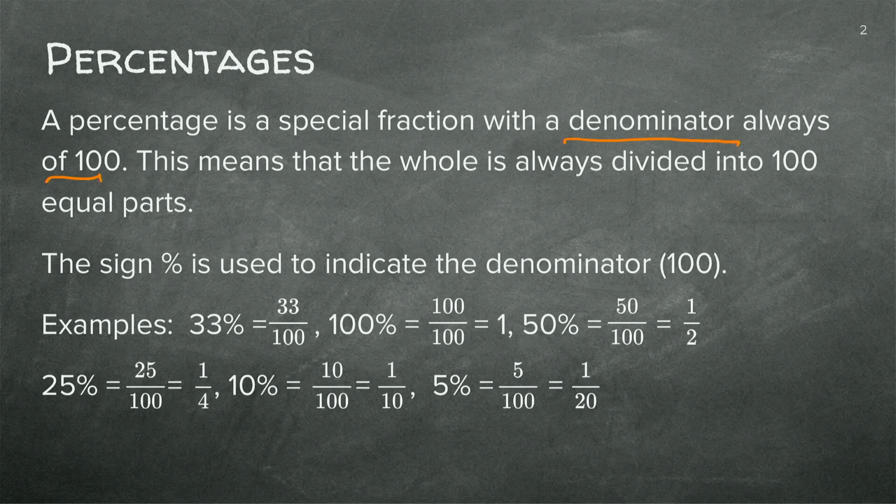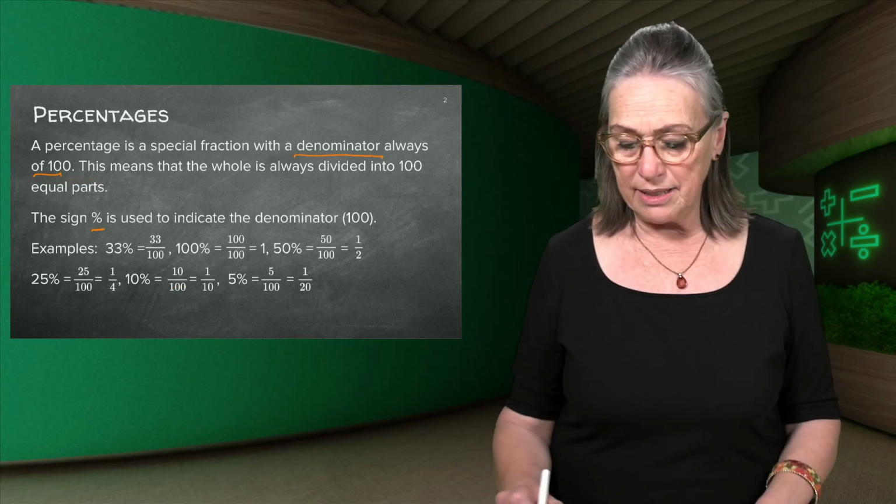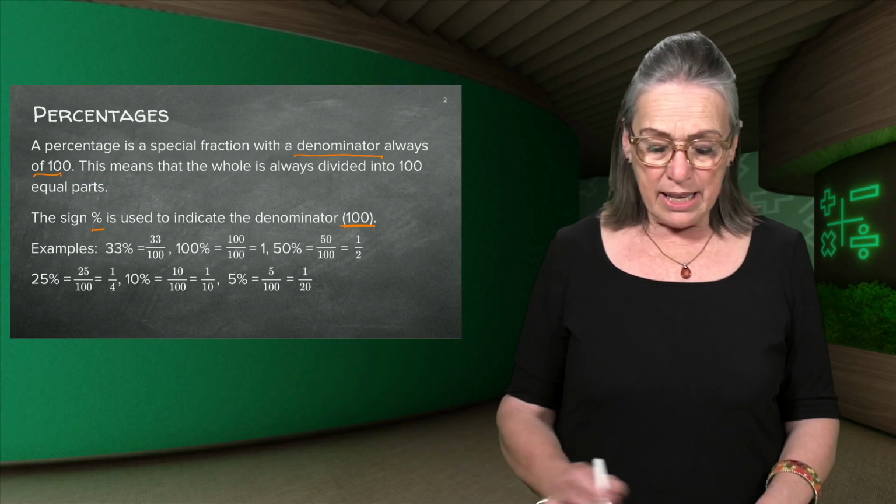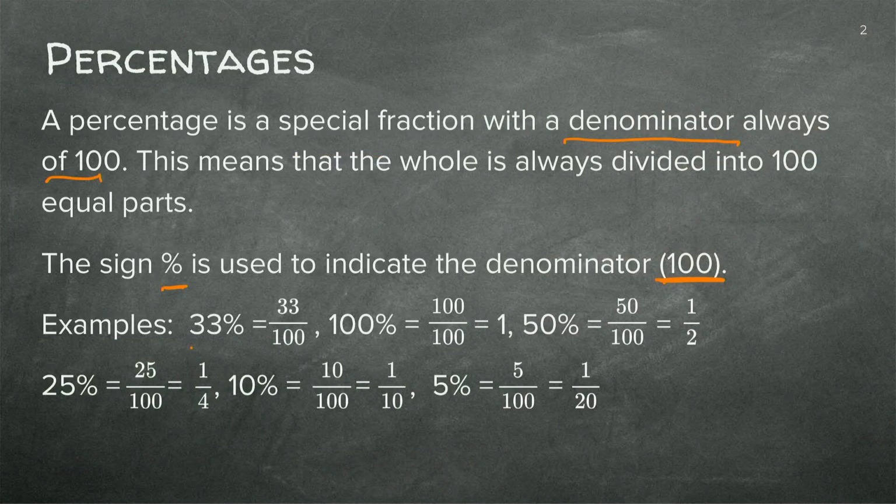So in this one, the whole is always divided into 100 equal parts, right? So the percentage sign is used to indicate that the denominator is 100. Okay, so if you get 33%, you know that you write it as the fraction 33 over 100.